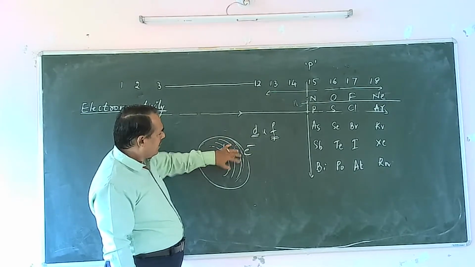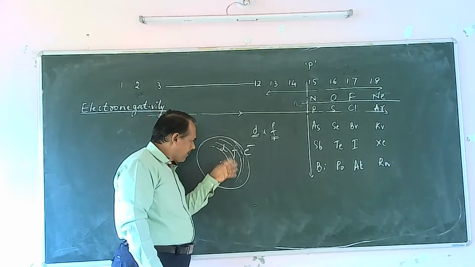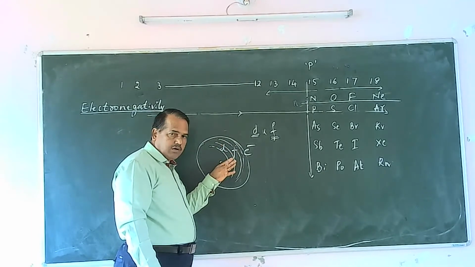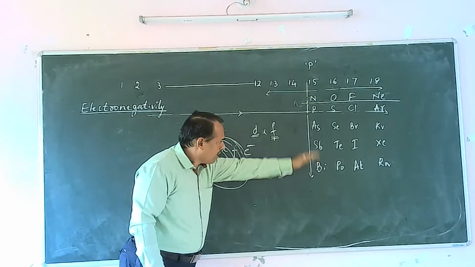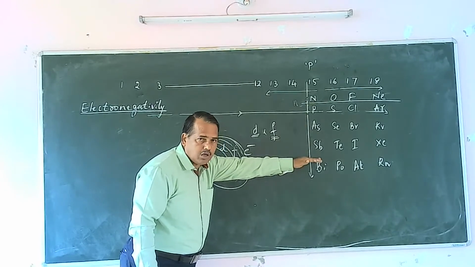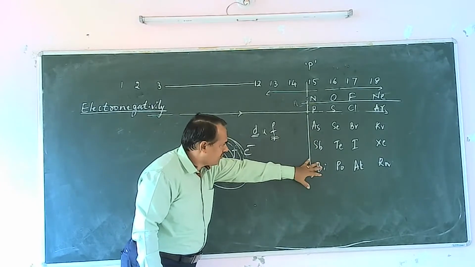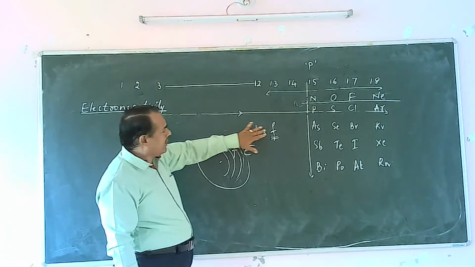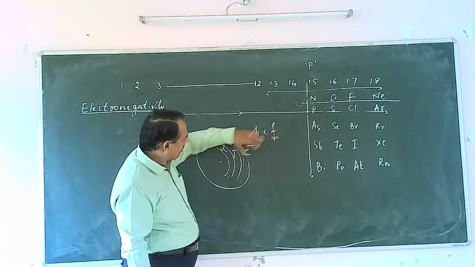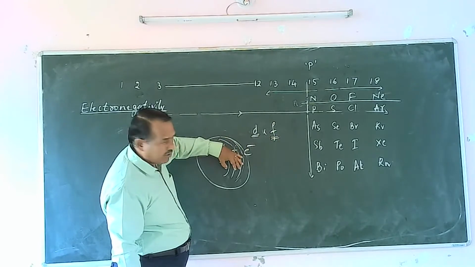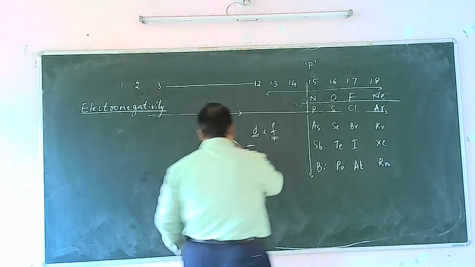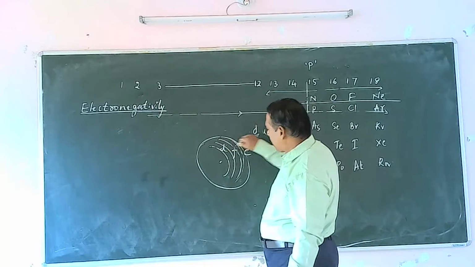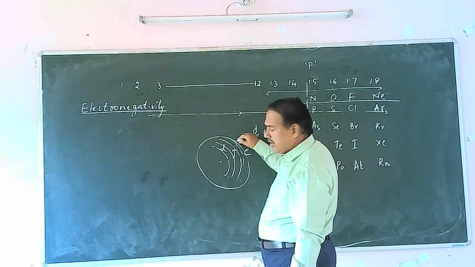What do you mean by shielding effect? It depends on the number of subshells as we come down in the group, in the heavier elements. Due to the presence of D and F, there is core shielding. A large number of electrons are there in D and F. These are called inner electrons.